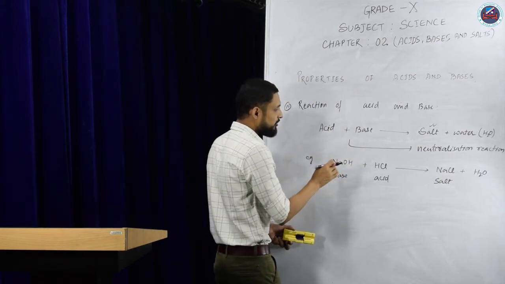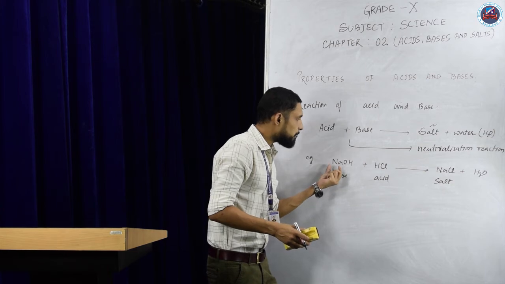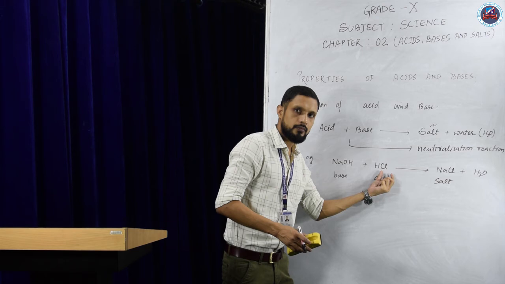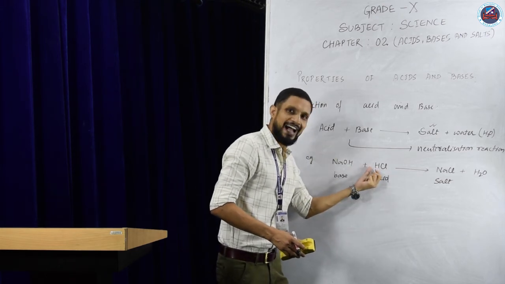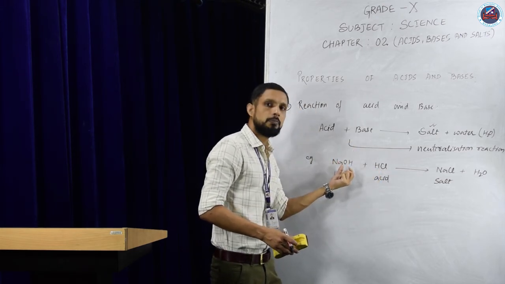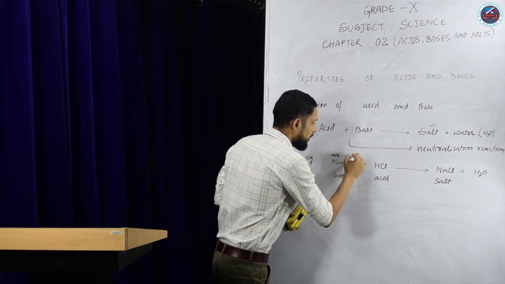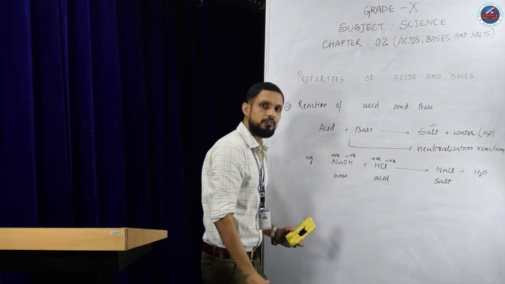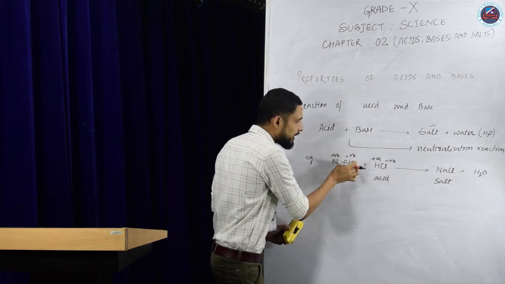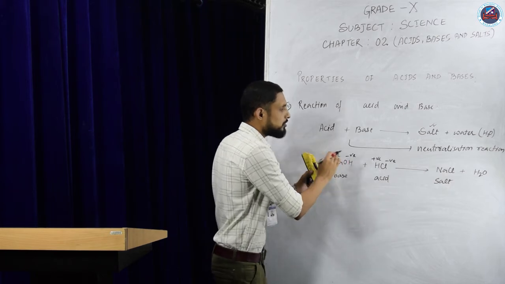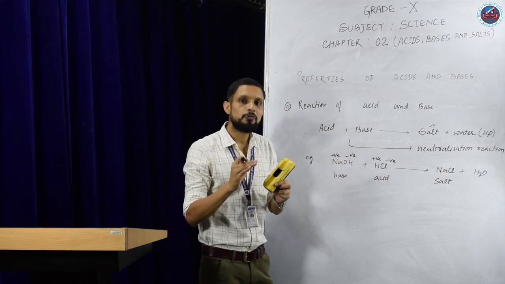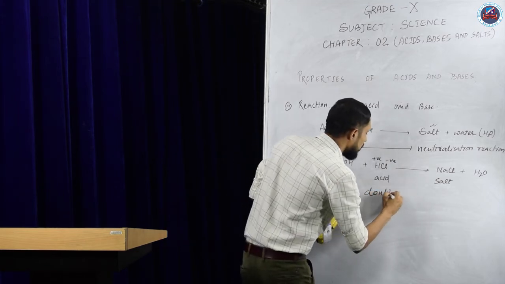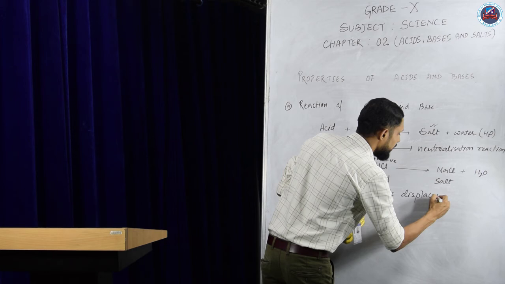Now here the positive part from base will take the negative part from acid, and the positive part from acid will take the negative part from the base. Sodium is positive, OH is negative, H is positive, Cl is negative. So in both the compounds, the ions are displaced. So this reaction is also an example of double displacement reaction.